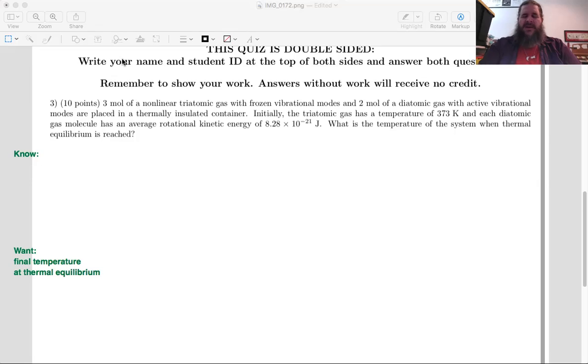What's our known information here? Do we have any information about the system that might be relevant to the final temperature at thermal equilibrium?